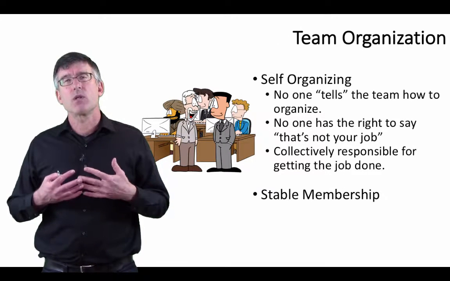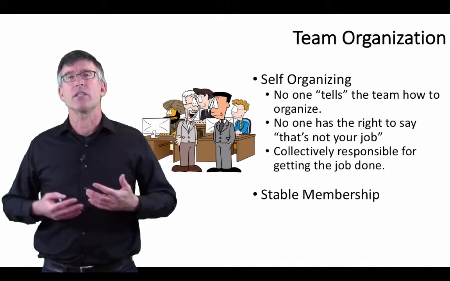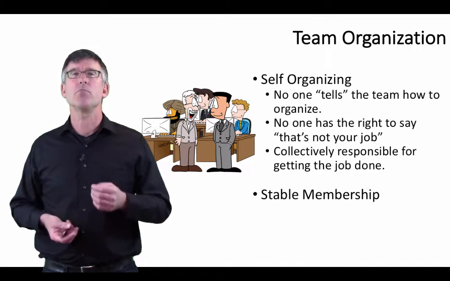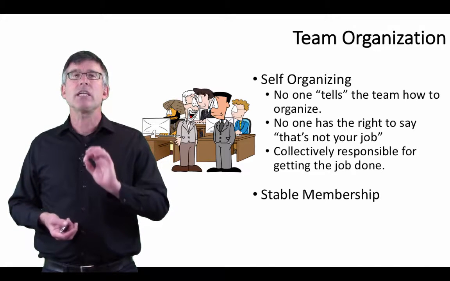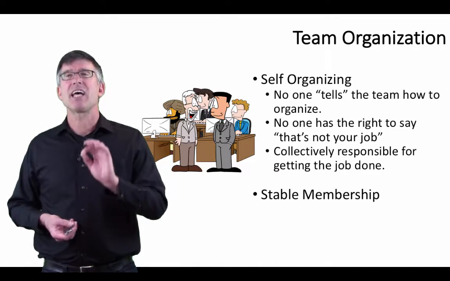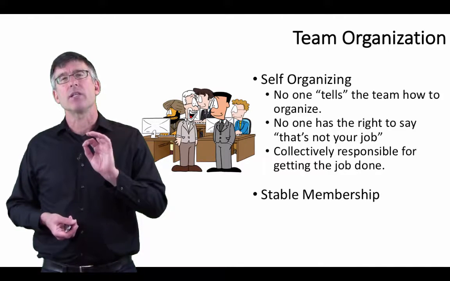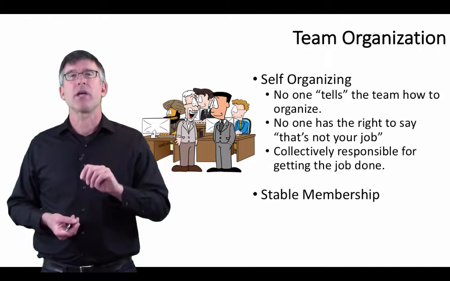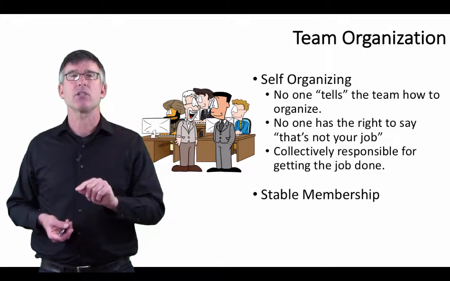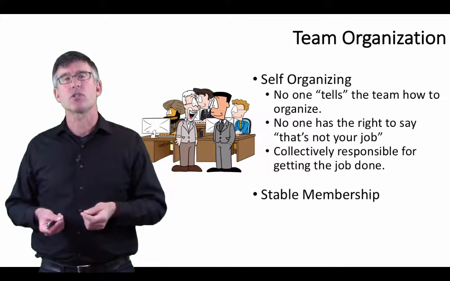Now, always in Scrum, we say that the team is self-organizing, which means that the team decides how they're going to work. Right? We don't have a project manager telling the team or dictating to the team the style of their work.